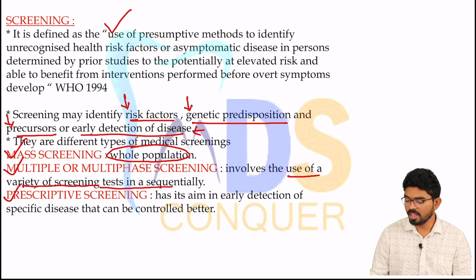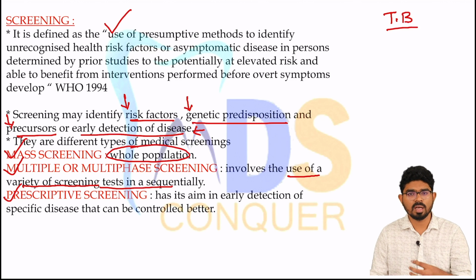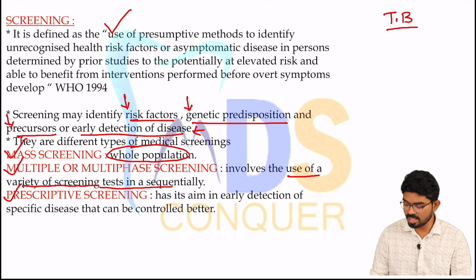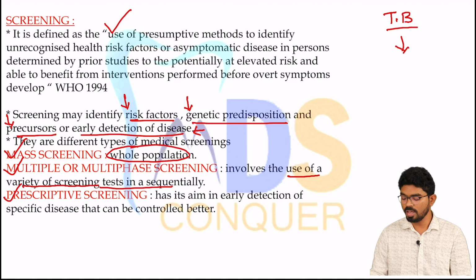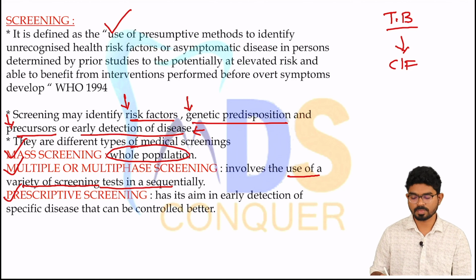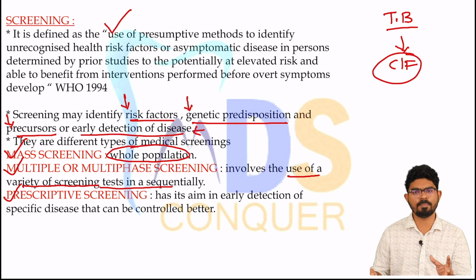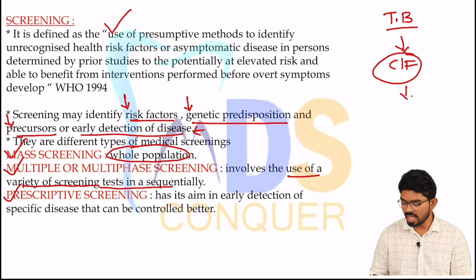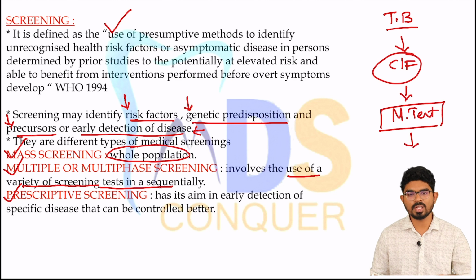For example, if you are planning to identify a person or a group of people who have TB, the first thing you need to do is see the clinical features. Once you collect the people who have the clinical features, then you have some basic test which helps in identifying a few people. Then you move to the next level.